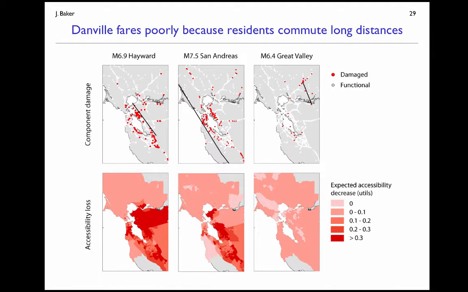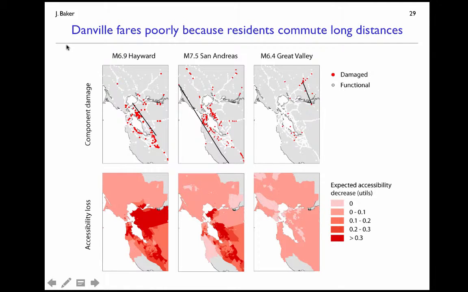Okay, so let's look at a couple of explanations. So Danville, that was the East Bay Area region, and we believe that it fares poorly because the residents tend to commute long distances. So the people living over in the East Bay are frequently commuting west to the job centers in Oakland and San Francisco and San Jose. And so what this means is that there are a lot of circumstances in which that commute can be disrupted by network damage.